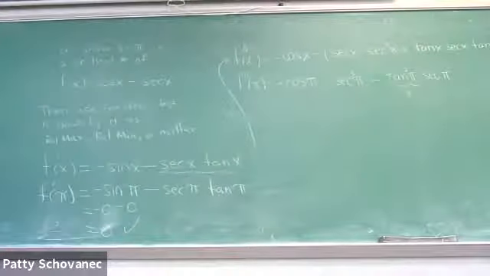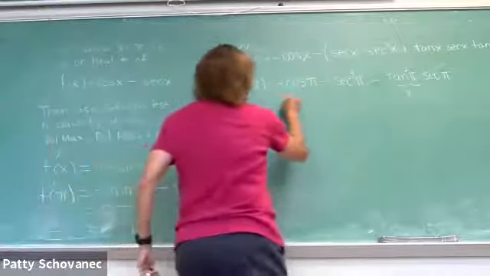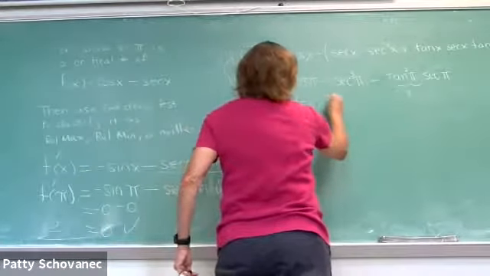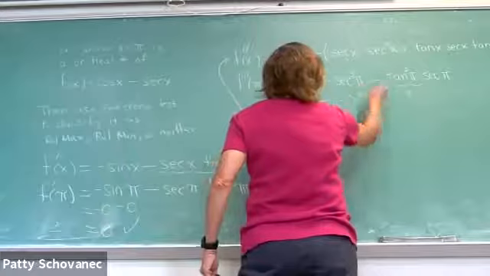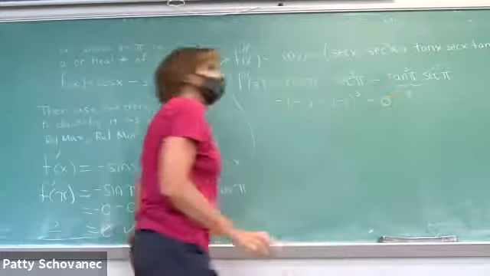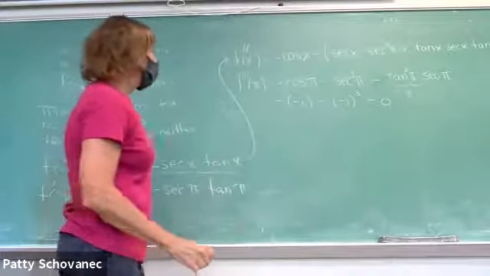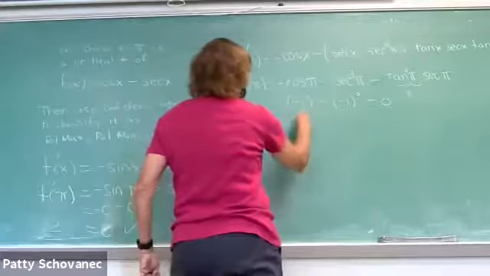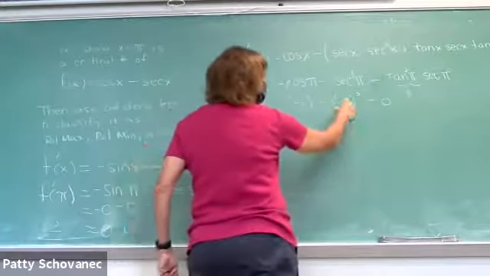The cosine of pi and the secant of pi are going to be the same number since secant is 1 over cosine. Who wants to take a shot at what the cosine of pi is? -1. So here I get a -1. Here I get a -1 cubed. Back here I get 0. So that makes that a +1. -1 cubed is -1.